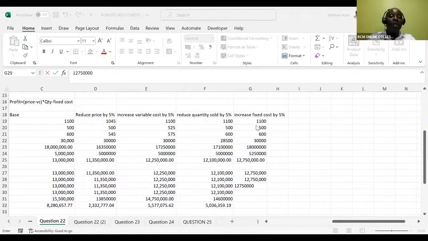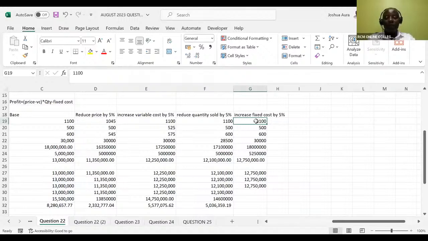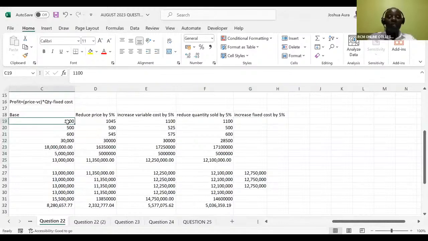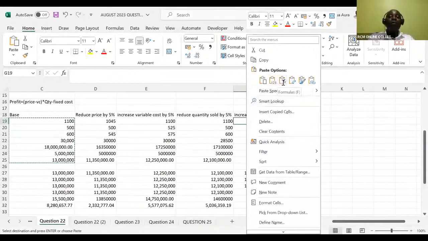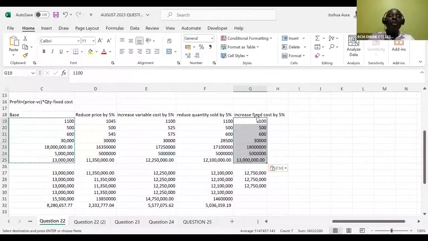So basically what I've done here, I came first of all and took the base figures, Control C. Then I came and pasted them here. Right click, this formula. And then now, because I'm only changing fixed cost by 5%, I came to this 5 million, the fixed cost figure, all right?